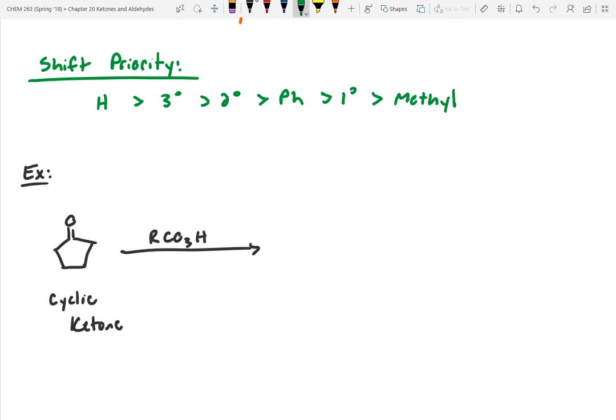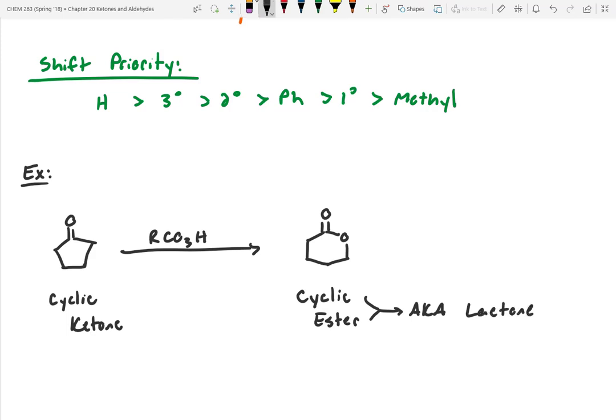It's symmetric, right? So we're going to insert an oxygen. We're not reducing the number of carbons, so this oxygen is actually going to expand the ring size to a 6-membered ring rather than a 5-membered ring. And you can get an oxygen up here. This is a cyclic ester. And a cyclic ester is also known as a lactone.